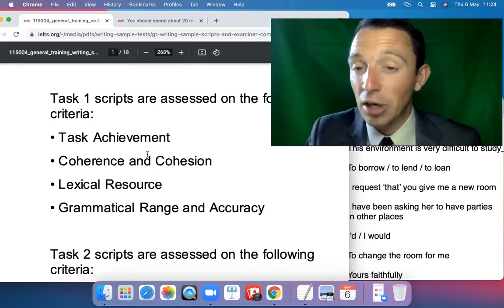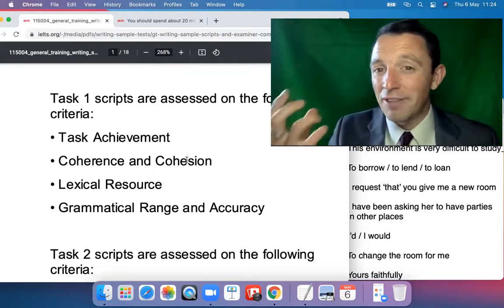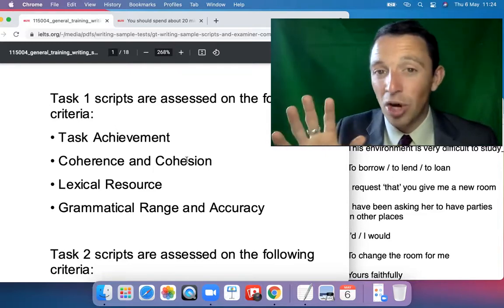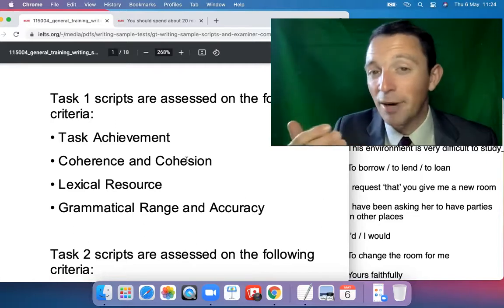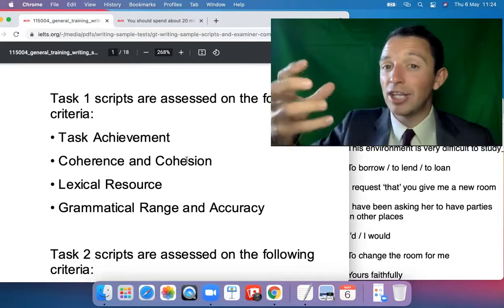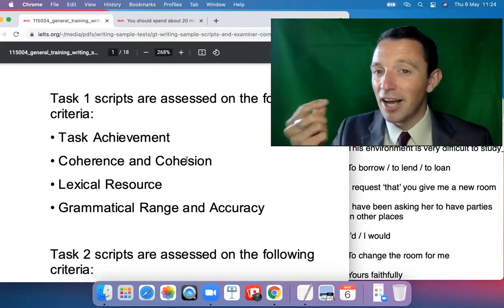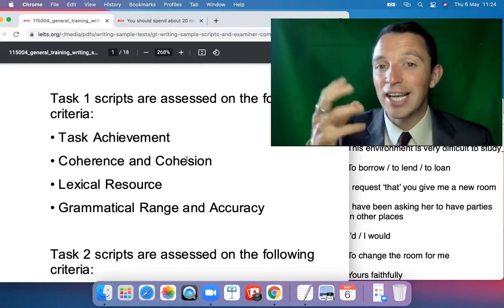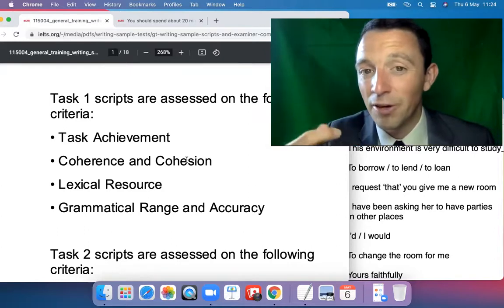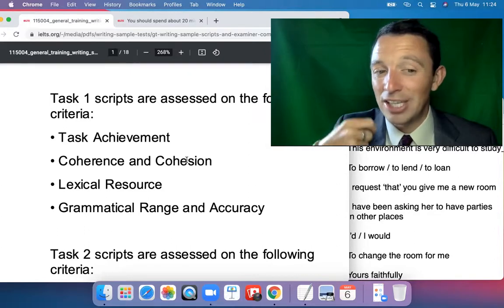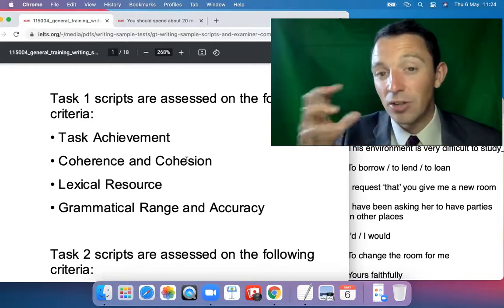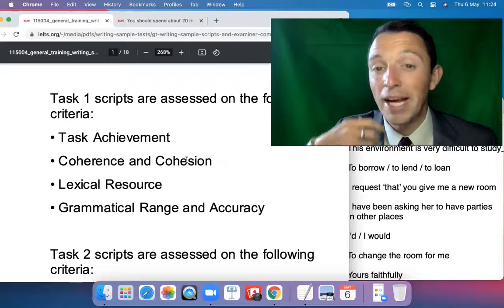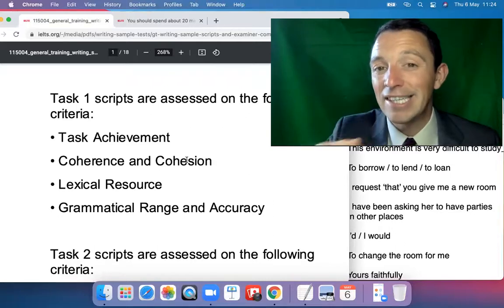The coherence and the cohesion, the organization of the text is not bad. It's so-so again. It's not really logical or clear, perhaps, but specifically in relation to the coherence and the linkers, I don't think there's sufficient linkers in that letter to make it very fluent and to make it very cohesive. I think this student is missing a lot of linkers to make the sentences more fluent, to make it more comfortable, to make it very easy to read.